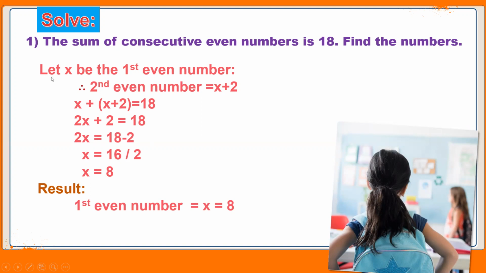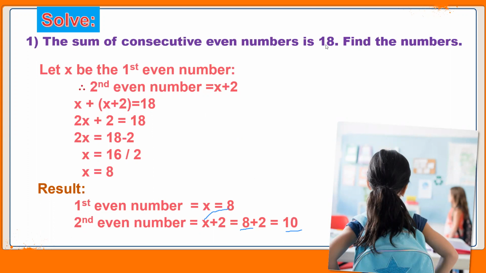So what will be the second even number? Very good. The second even number will be equal to x plus 2, and the value of x is equal to 8. So we put the value of x is equal to 8: 8 plus 2 is equal to 10. So we get the two consecutive numbers. The first number is 8 and the second number is 10.